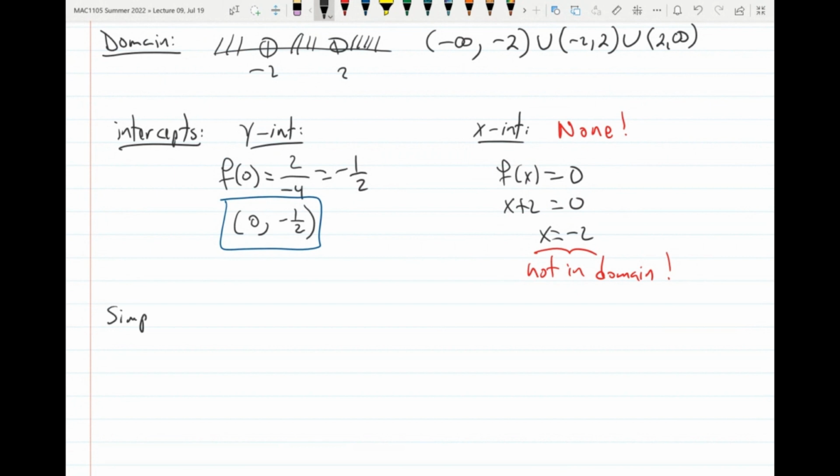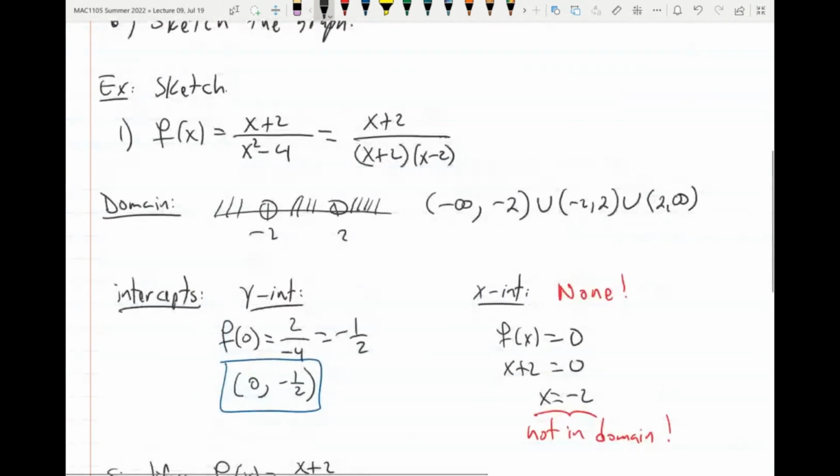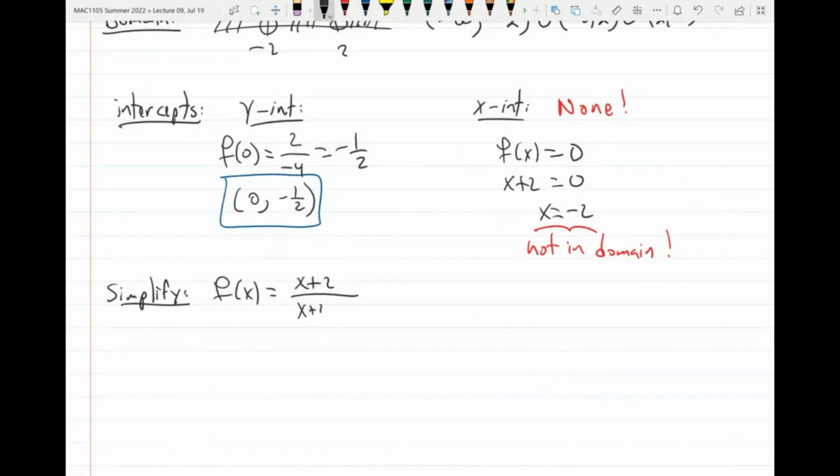Now we're going to simplify, okay? So we have our function f, which is (x plus 2) over (x plus 2)(x minus 2). Then I'm going to simplify, and we get 1 over (x minus 2). Now, I'm going to use a different color, because technically speaking, this function is not the same as our function, okay?